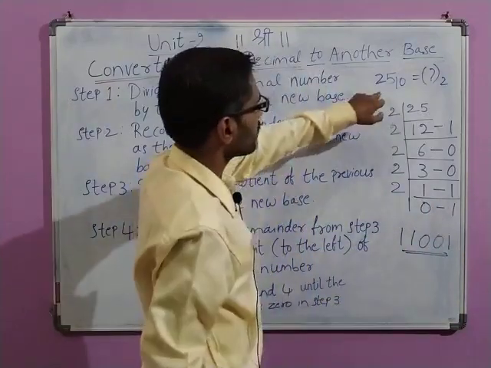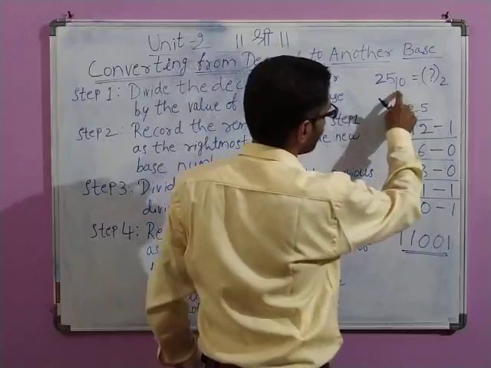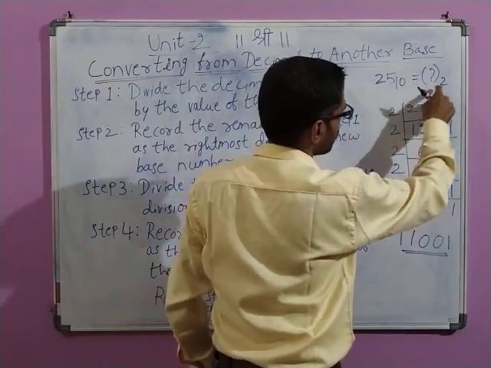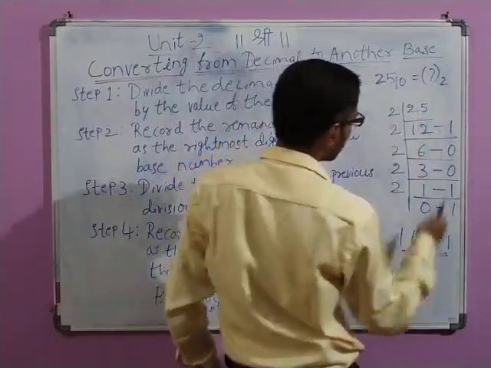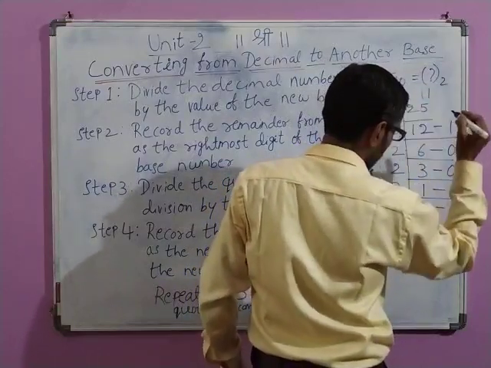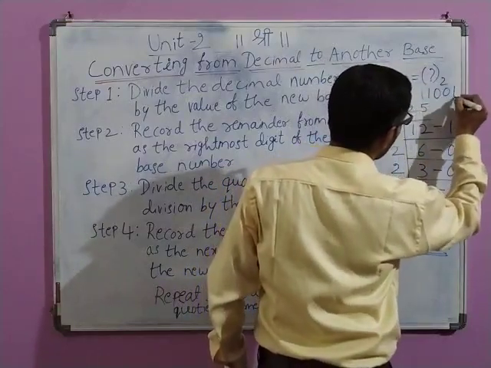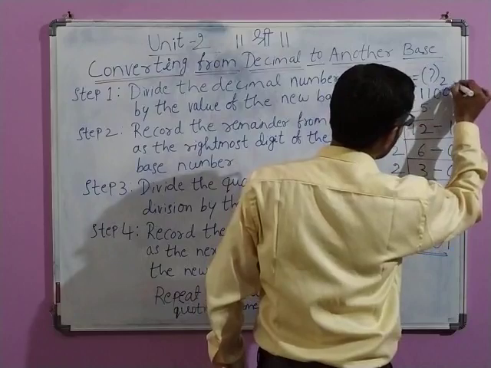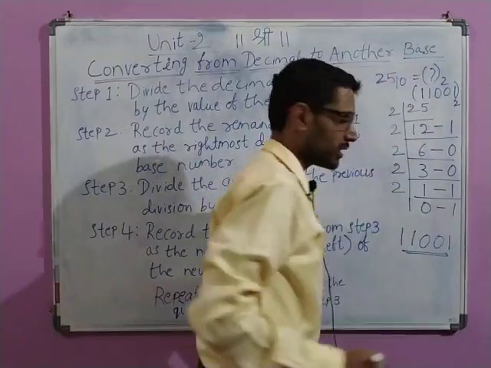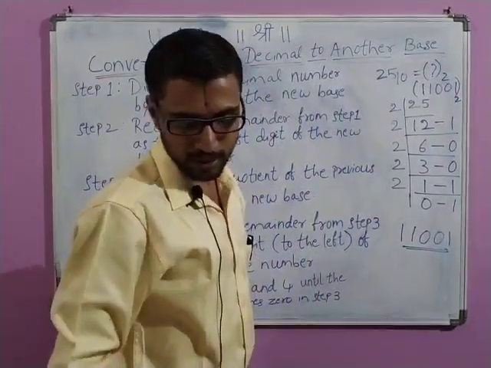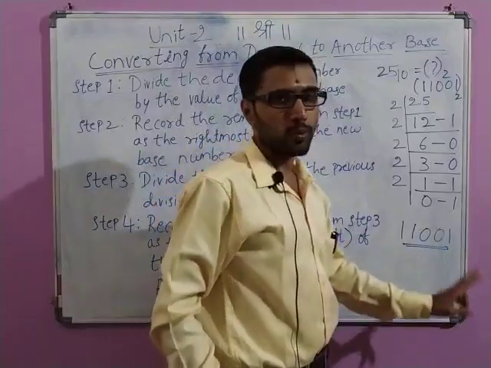So if I convert 25 to the base 10 equal to question mark to the base 2, my answer will be 11001 to the base 2. This will be my final answer: 1 1 0 0 1.